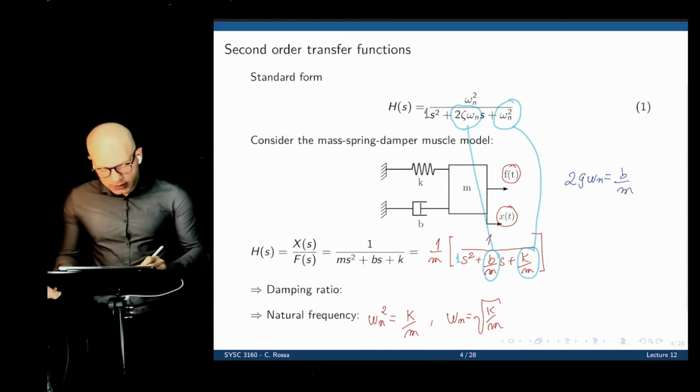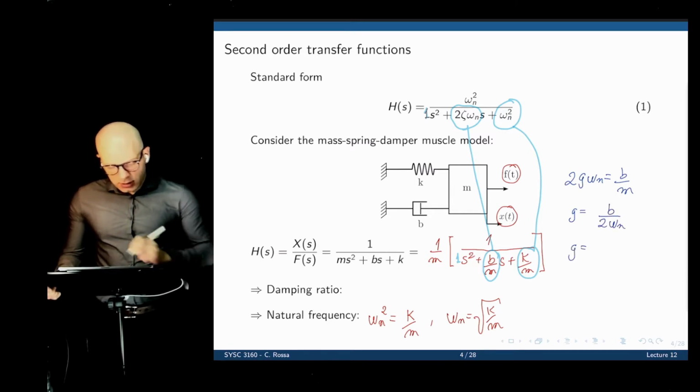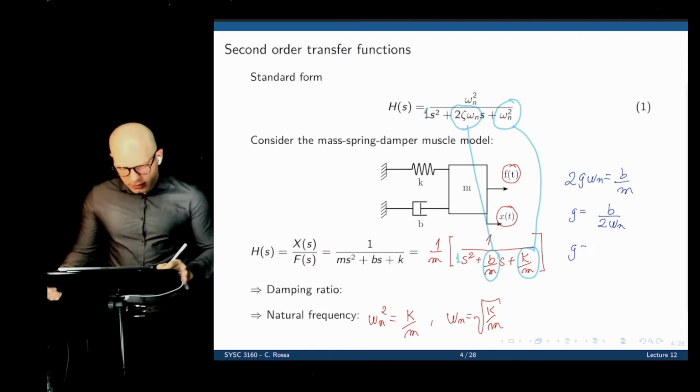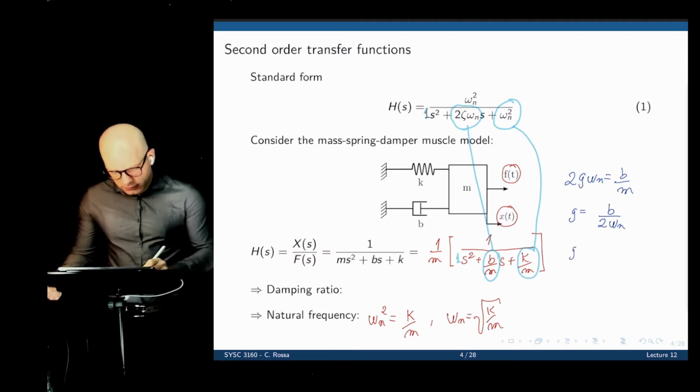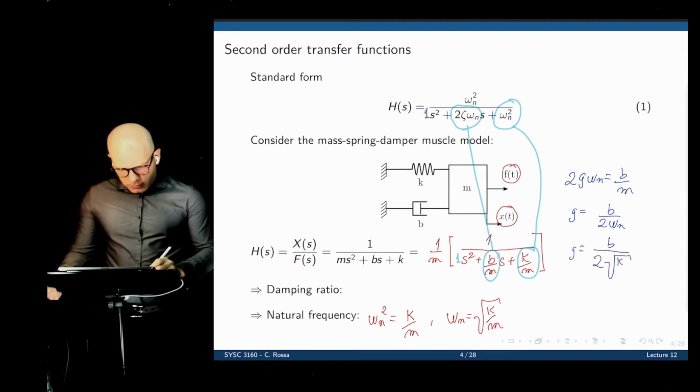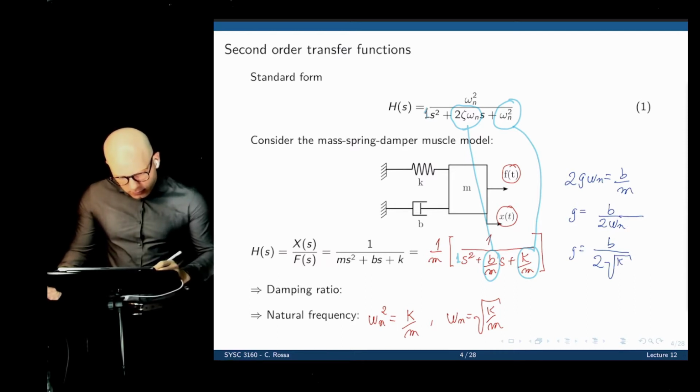We can also solve for zeta. Zeta equals b over 2 omega n. Zeta equals b over 2 times the square root of k over m times m.